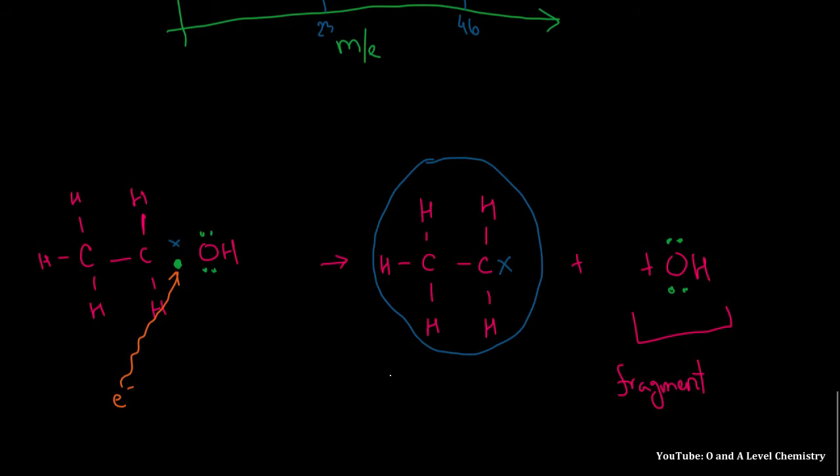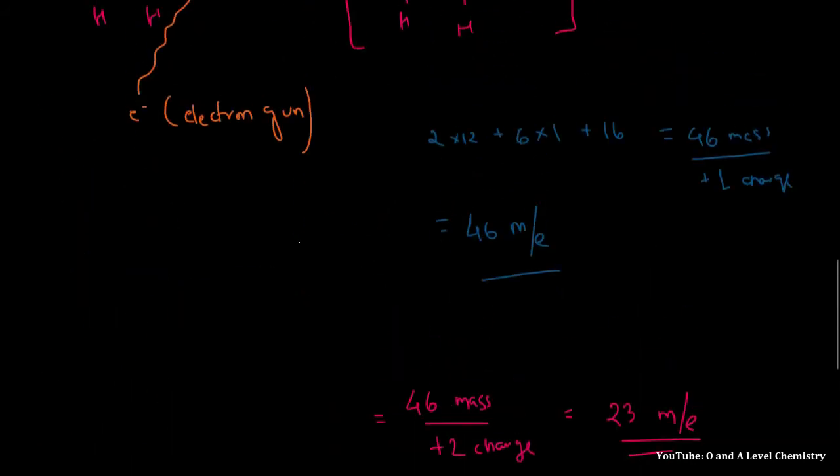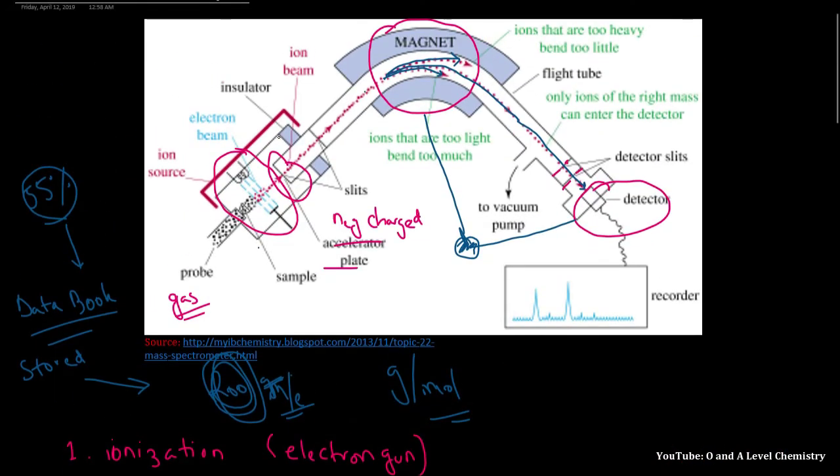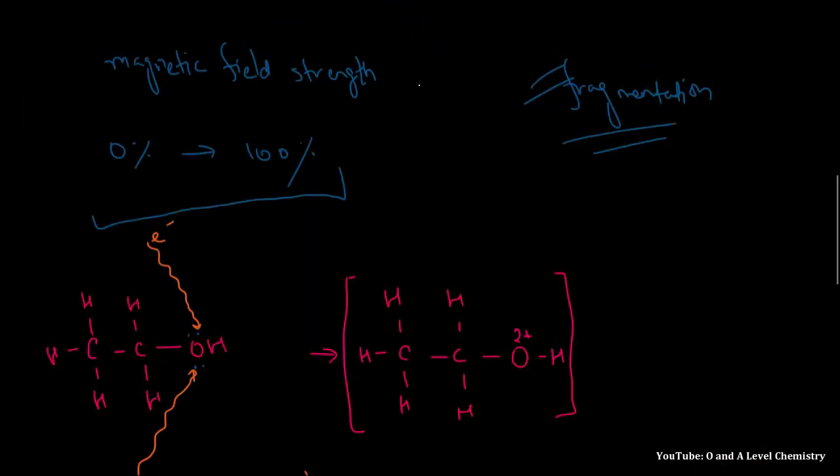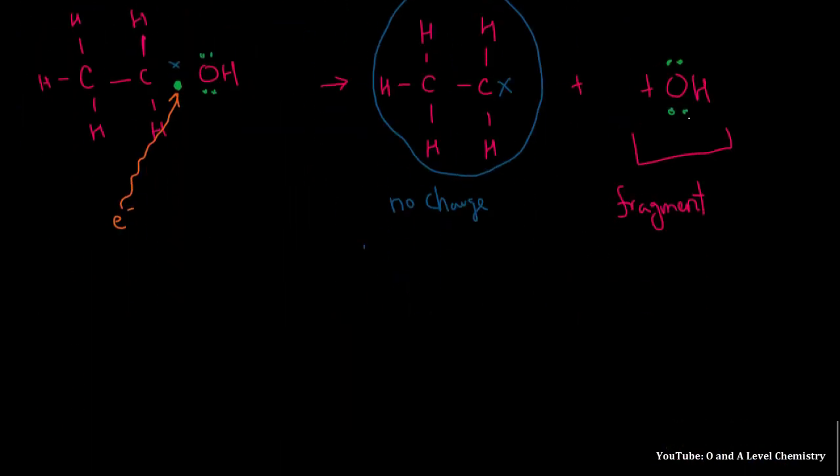It has no charge, so it will not accelerate. As it is not charged, it is not affected by the electric plate, so it doesn't accelerate towards them and doesn't get inside the mass spectrometer. But this one is positively charged.